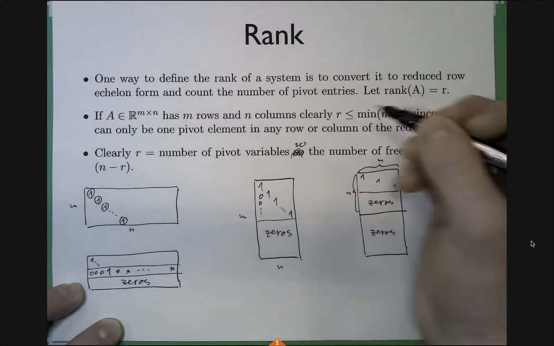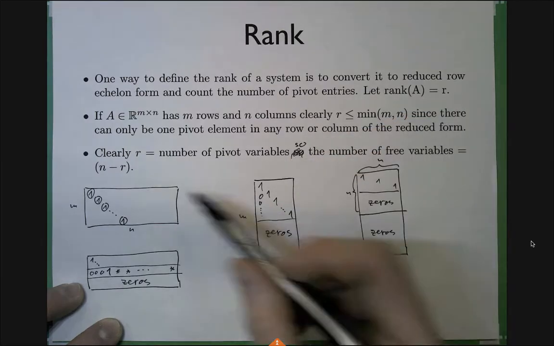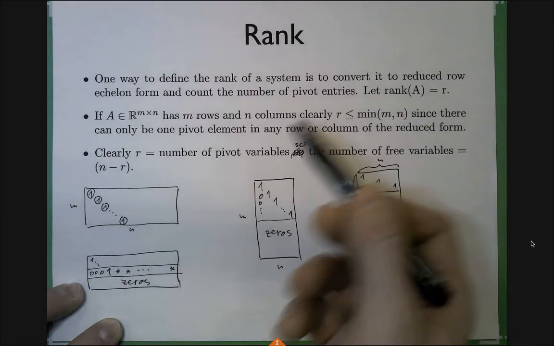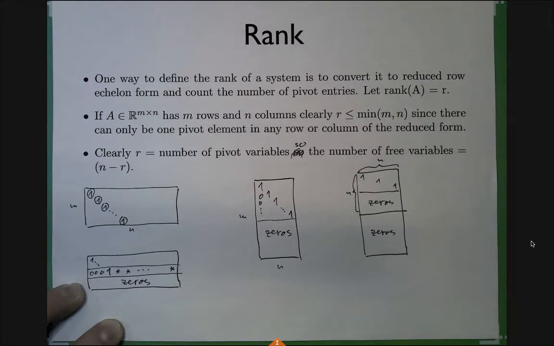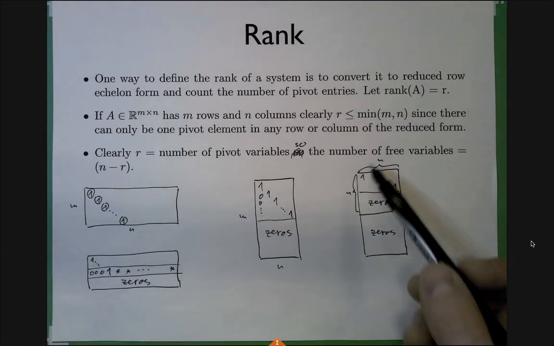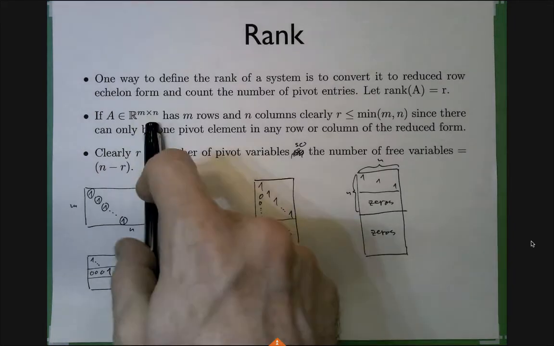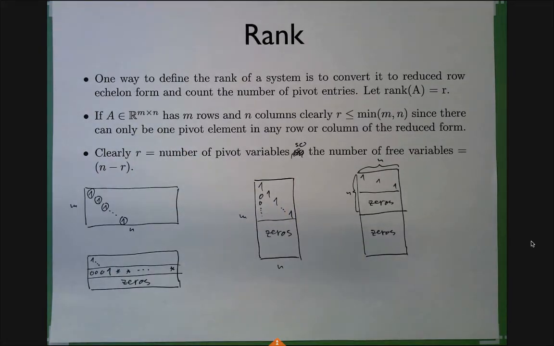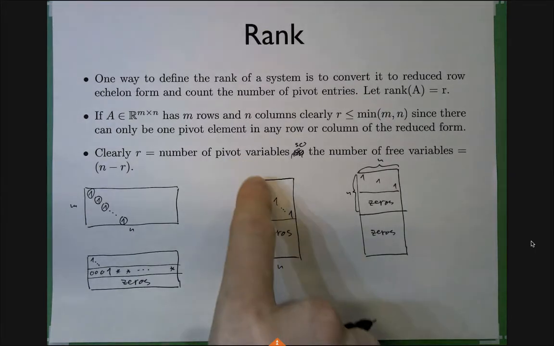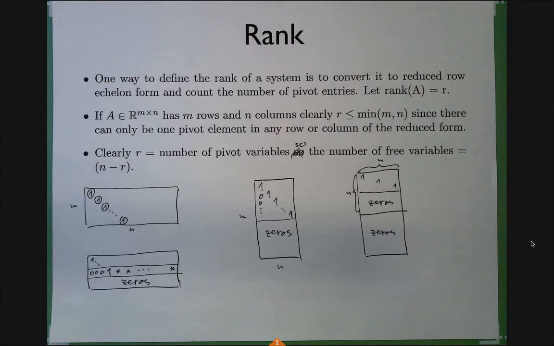Sorry, I just didn't parse it correctly. So the rank, that's how we define the rank. Rank is the number of pivot variables. So trivially, the number of free variables is n minus r, in this case when the matrix is m by n, because there are two types of variables, the pivot variables and the free variables. The remaining ones, the ones that are not pivot, are the free ones.